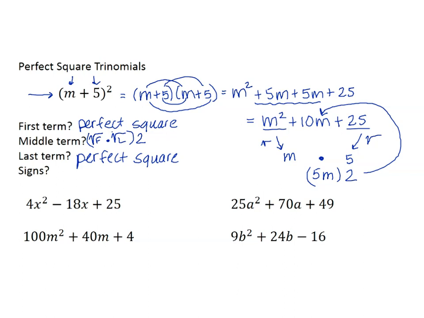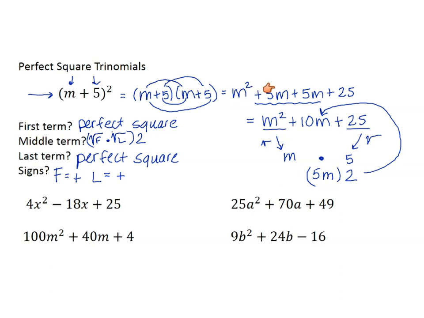And then in terms of the signs of my trinomial here, they're all positive, but the first term will always be positive, and the last term will always be positive, because in this pattern, I'm doing the same number times itself, or added to itself, right?